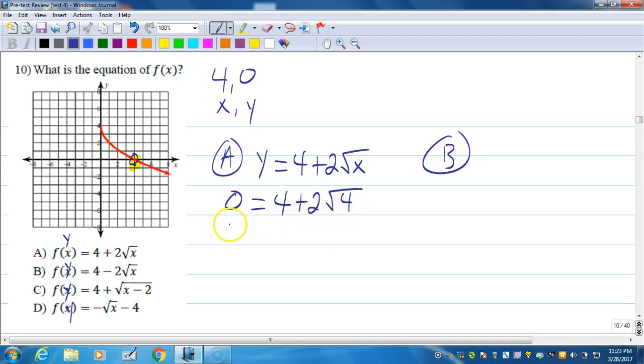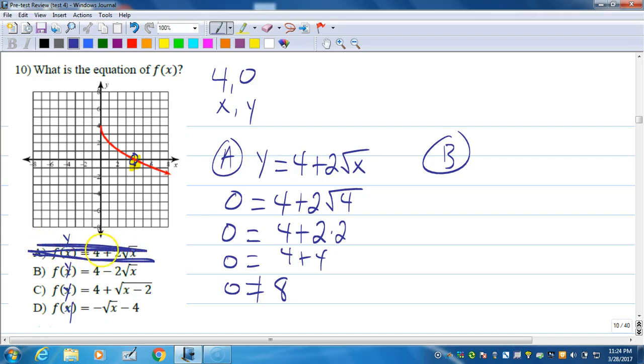X is 4. Is 0 equal to 4 plus 2 times the square root of 4? What's the square root of 4? Oh, it's 2. So that means 2 times 2. Does 0 equal 4 plus 2 times 2? 2 times 2 is 4. Does 0 equal 8? No. A is wrong.